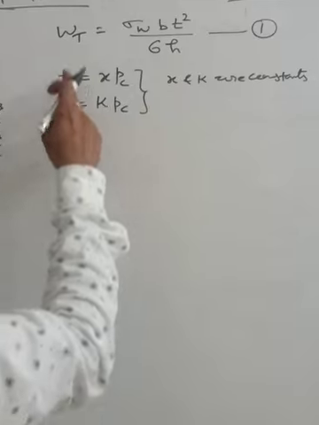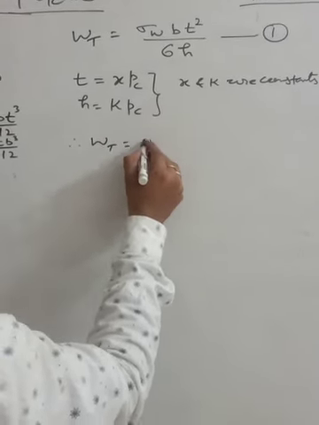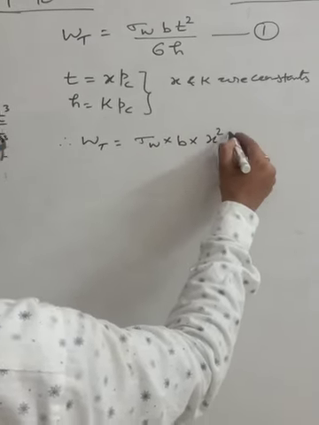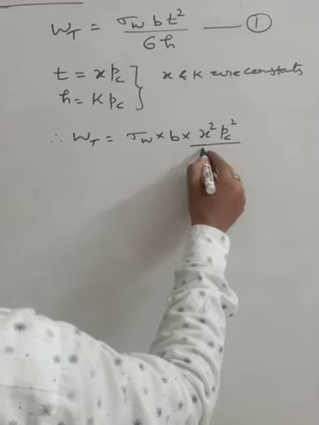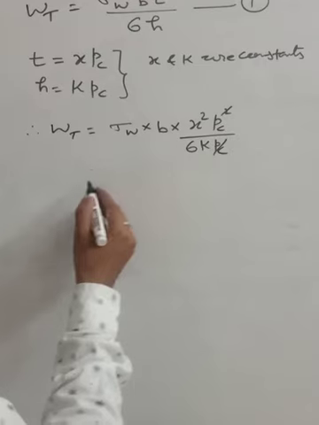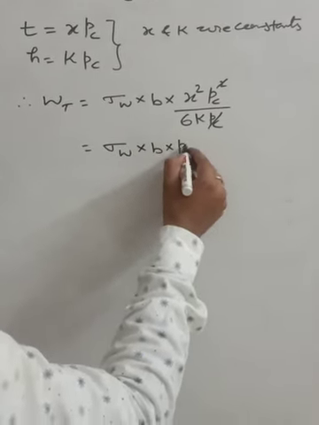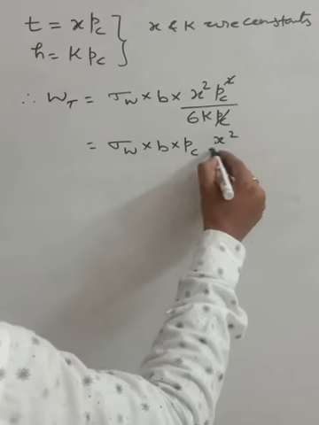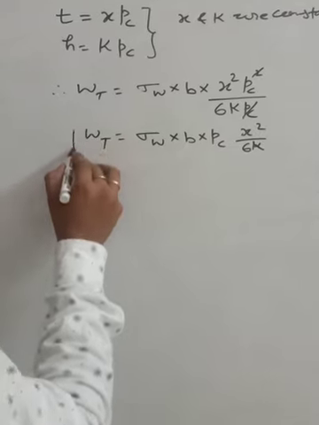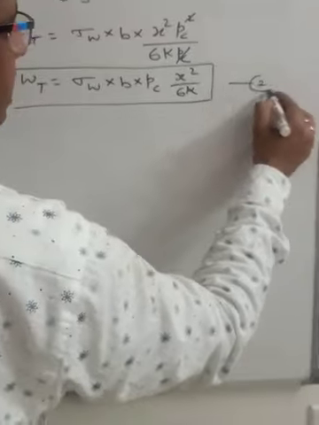constants. Then by putting the value, Wt is equal to sigma w into b into t square, x square Pc square divided by 6 k Pc, cancelling out, sigma w b into Pc x square upon 6k. Equation number second.